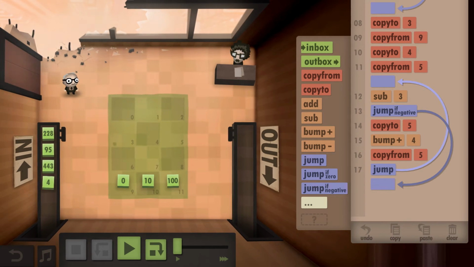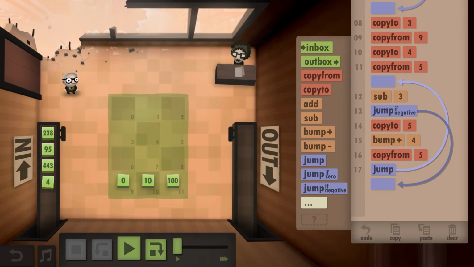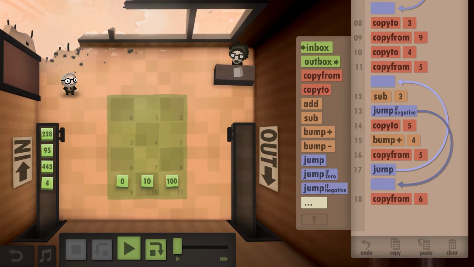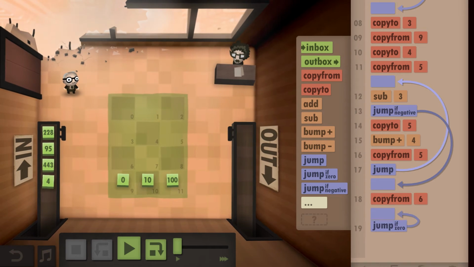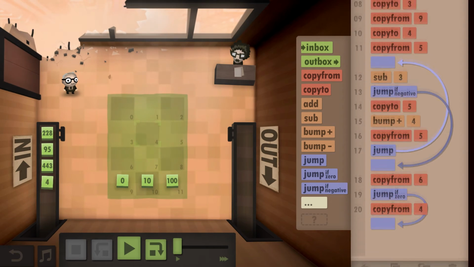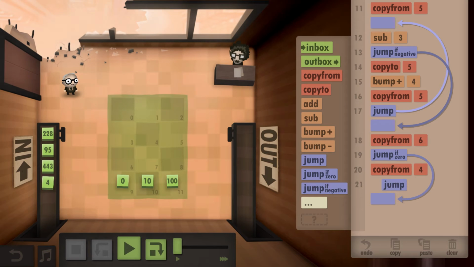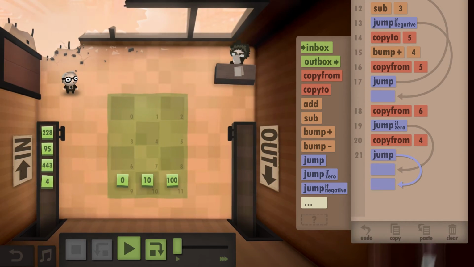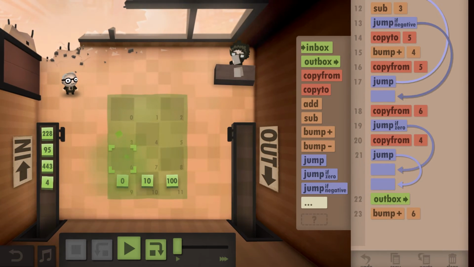Anywho, once we have this jump back to negative, if it's negative, we need to copy, and if it's 0, we will need to do something. Otherwise, we copy it from there, and we'll be jumping back to a different thing. This will actually get to the outbox here, and then we need to bump up that value.